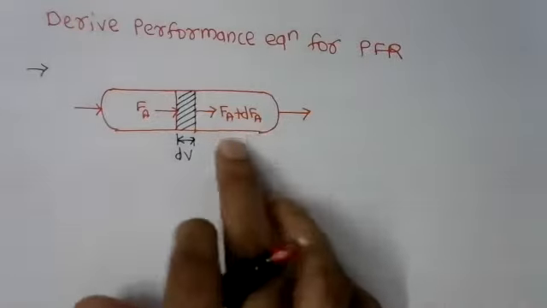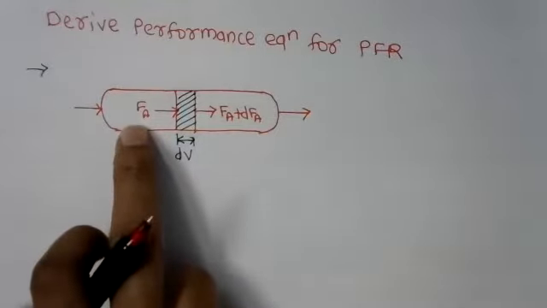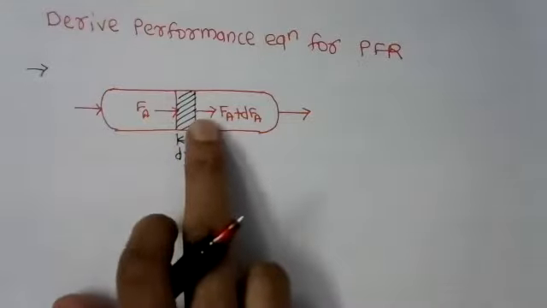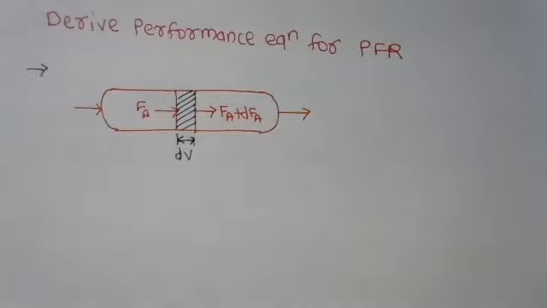So I am just assuming the generalized condition. The molar flow rate of the fluid entering the volume is Fa, and the molar flow rate leaving this particular dV is Fa plus dFA.